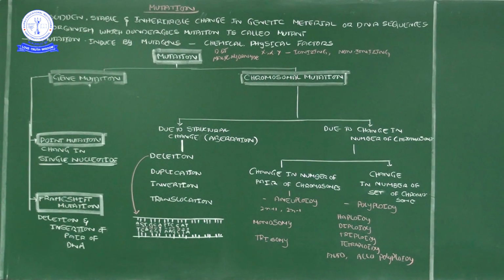Non-disjunction means meiosis will not occur in a proper way, so chromosomal segregation will not happen properly. So that's why one side will get one more chromosome, and the other side gets less than the normal set of chromosomes. So in the changes in the number of pairs of chromosomes, it leads to aneuploidy.